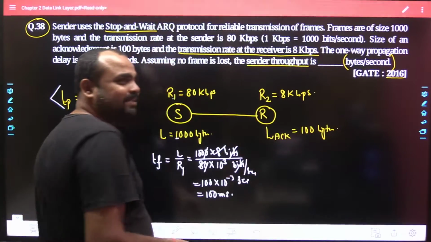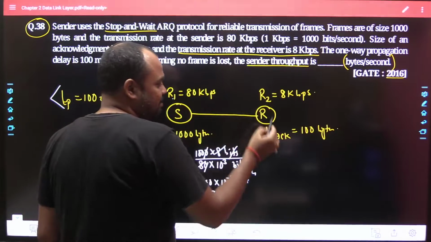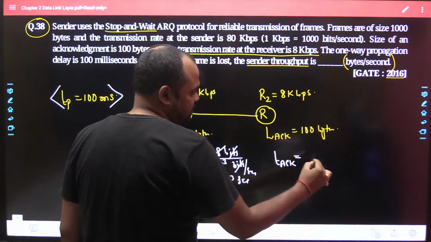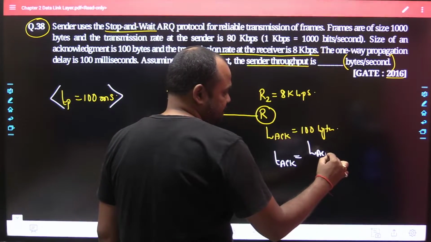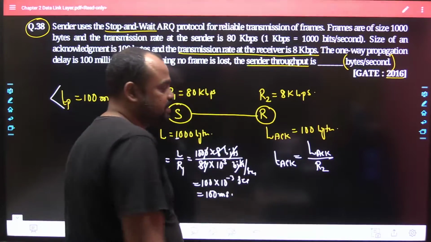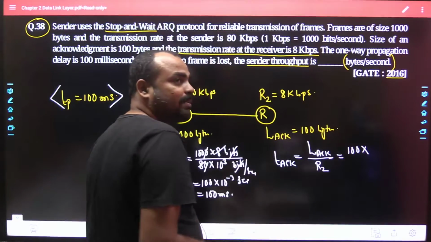Now look upon this. The acknowledgement size is given and the transmission rate of the receiver is given. So from these two parameters, what can we calculate? We can calculate the transmission time of the acknowledgement. That is nothing but L of ACK divided by R2, the receiver transmission rate. L of ACK is given as 100 bytes. Convert the byte into bits.